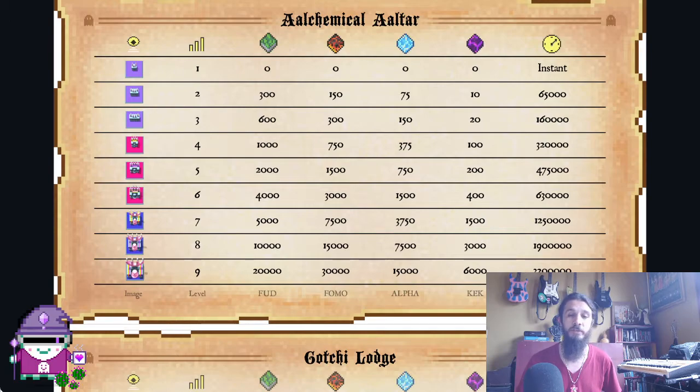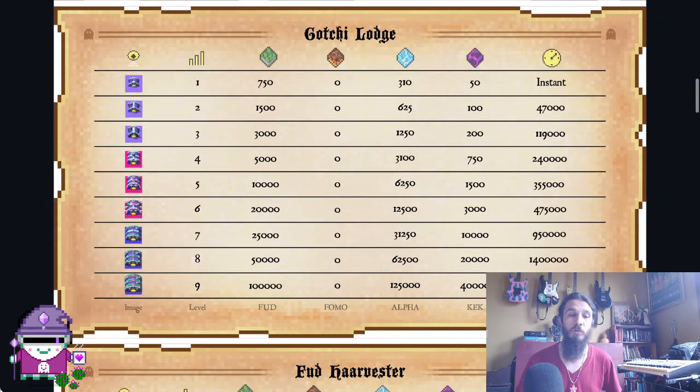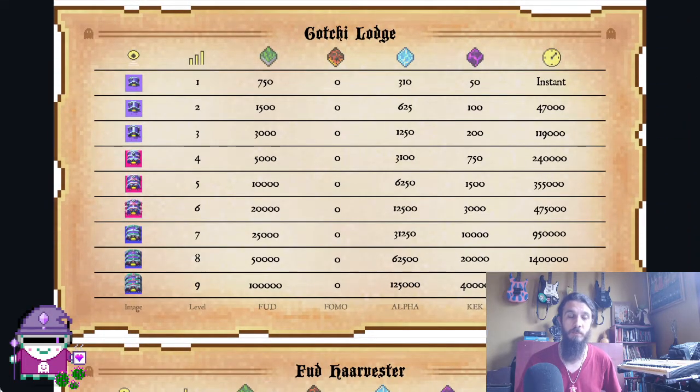It really is. And then your lodge is going to be very important if you are running a guild. It might not be as important for a solo Gotchi who just has their little humble parcel and they're just getting their UBI and they're part of a gang with their friends and maybe you don't need a lodge.